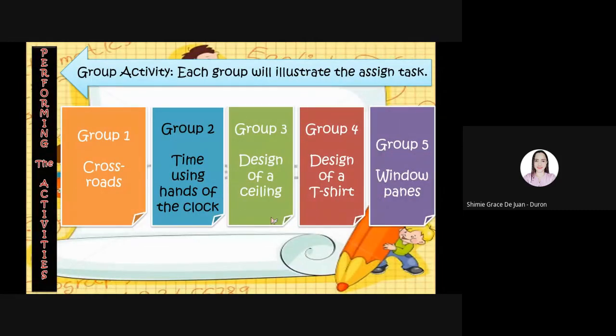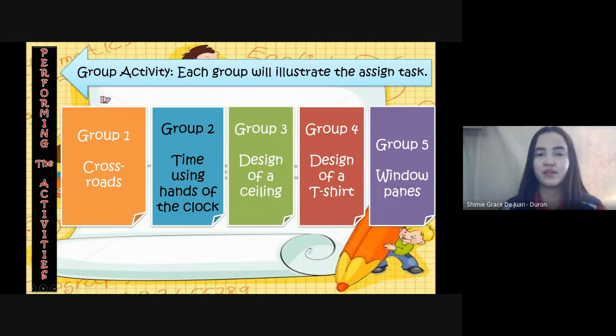So before we discuss those kinds of lines, we will have to perform a group activity. You may pick your own color in this slide and just draw it in your paper or in your notebook. So any color will do. The direction of this activity is that you will illustrate the assigned task.